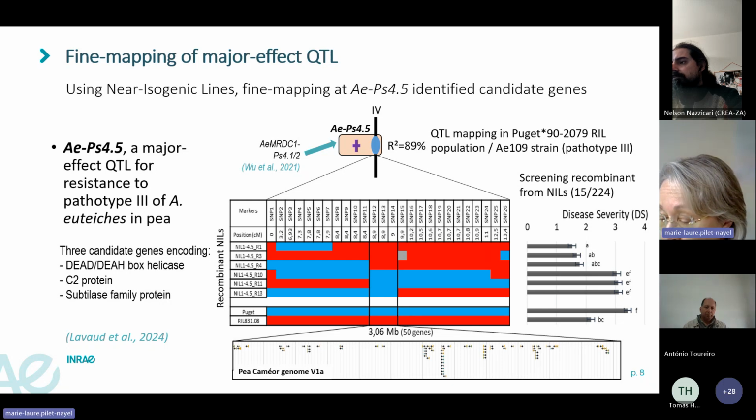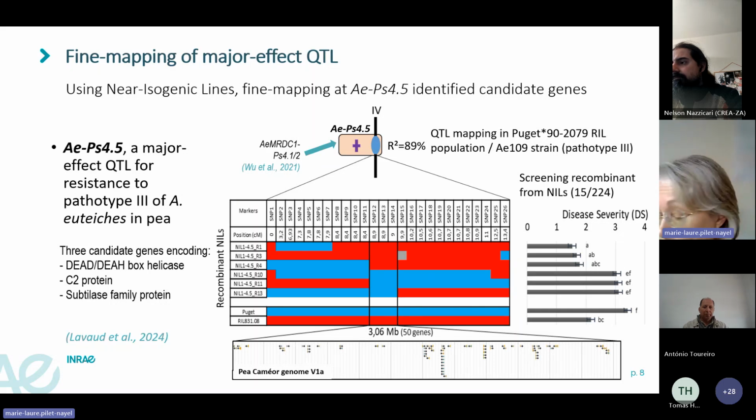We screened the 4 recombinant plants in the QTL interval from progenies derived from heterozygous near isogenic lines. And by marker phenotype association analysis on 15 recombinants, we reduced the QTL to a 3 megabase interval on the version 1A of the P reference genome.